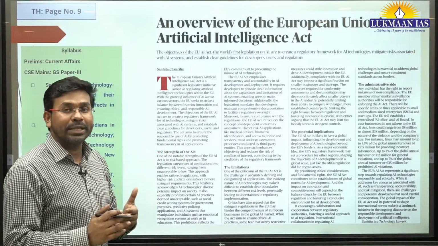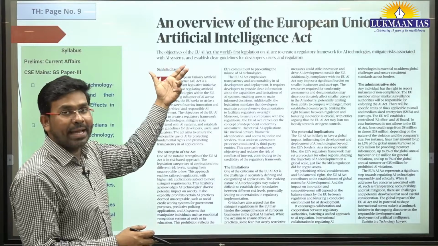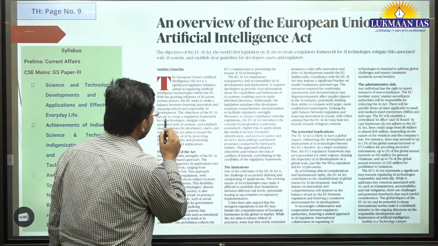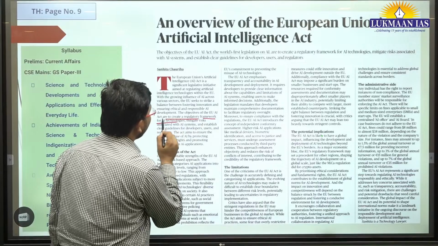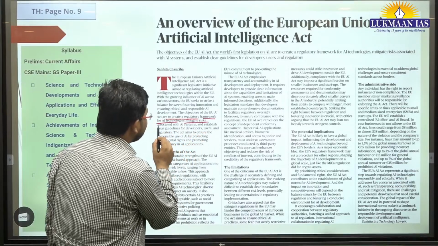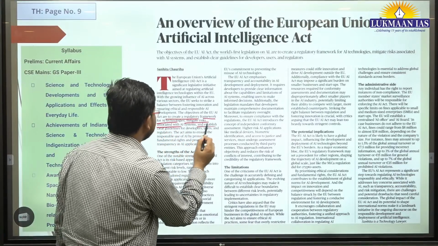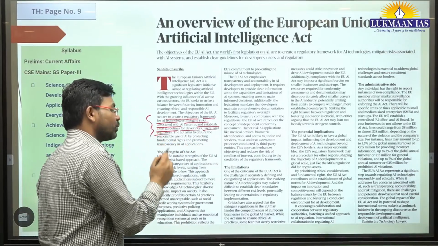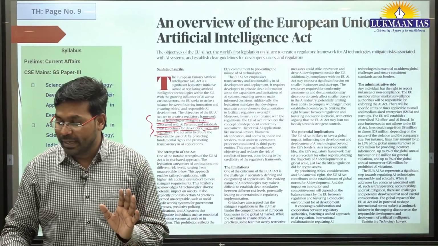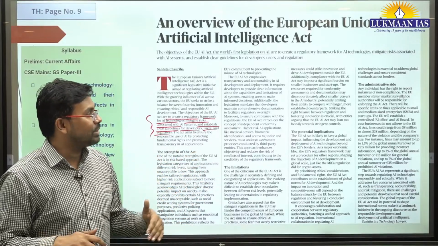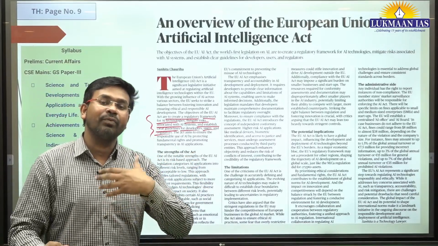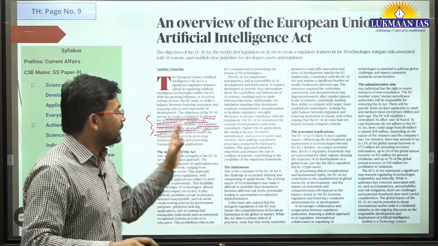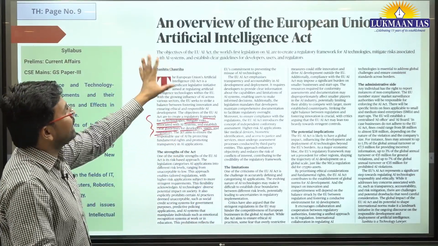And what are the objectives of the EU AI Act, the European Union Artificial Intelligence Act? The objectives are to create a regulatory framework for AI technologies, mitigate risk associated with the AI systems, and establish clear guidelines for developers, users, and regulators. Okay, so this act is being seen in a positive light. This actually gives some kind of hint to other countries that are willing to come up with their own AI related act.